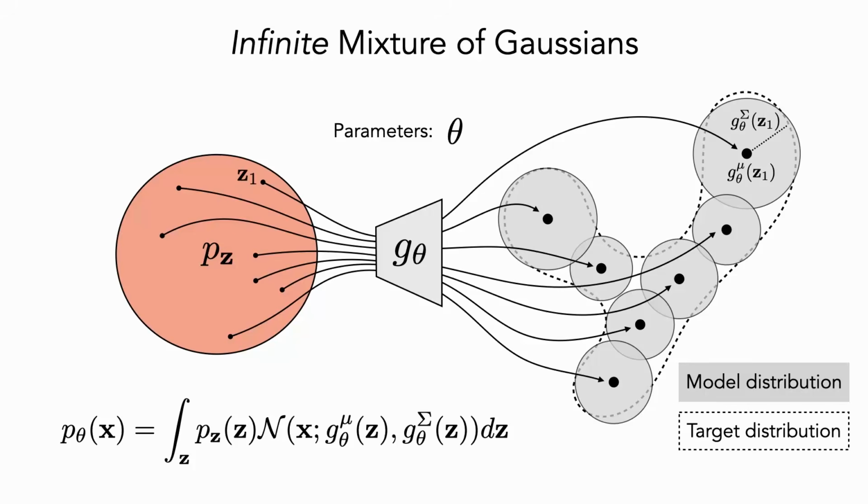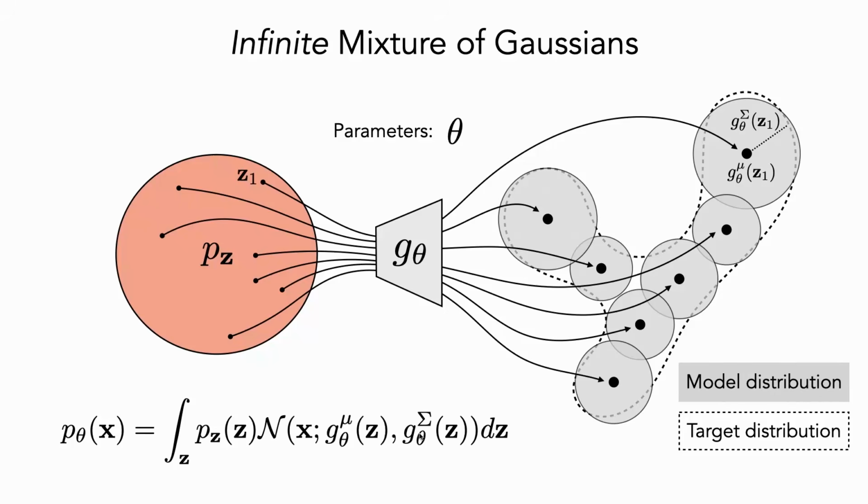Okay, so what is the density implied by this mapping? So it's going to be not a sum because we have a continuous space. So we have to switch to continuous math and use integrals. Okay, so the probability of some data point x, so the distribution over x implied by this model, is going to be an integral over all of my mixture components.